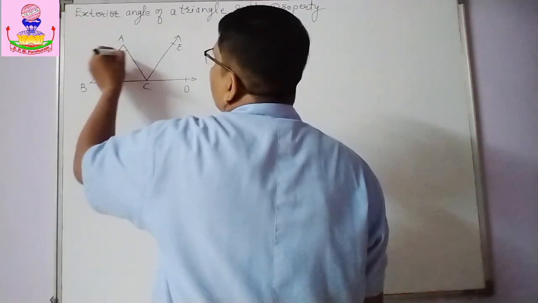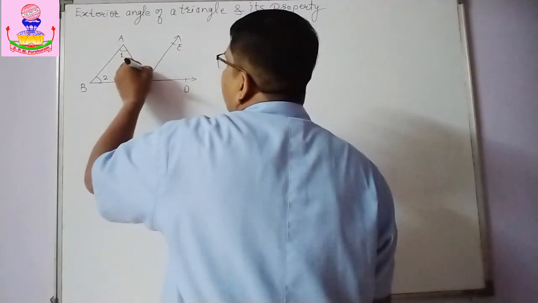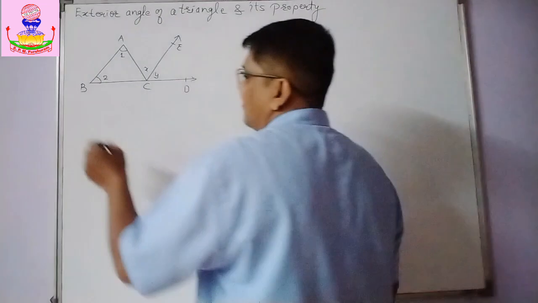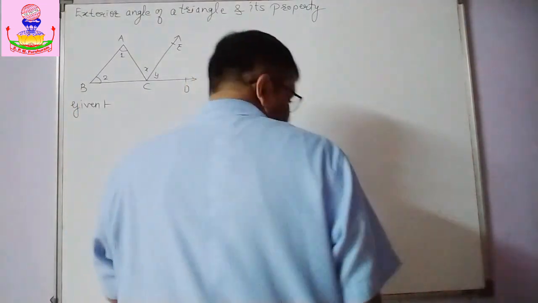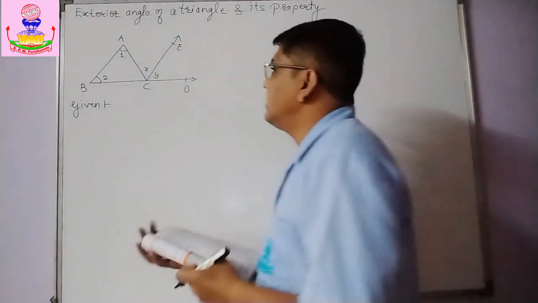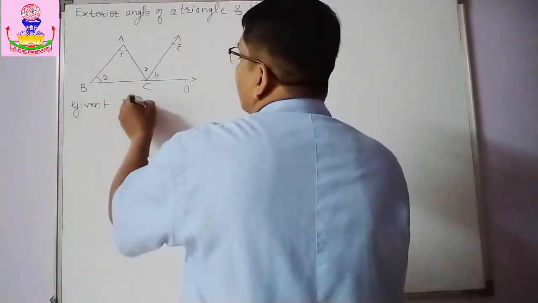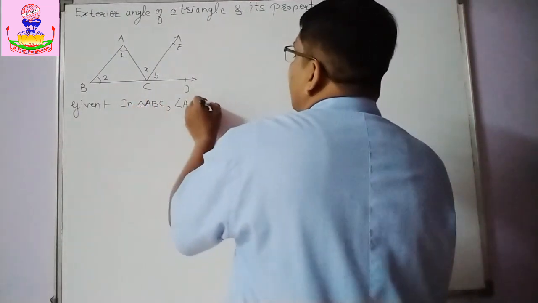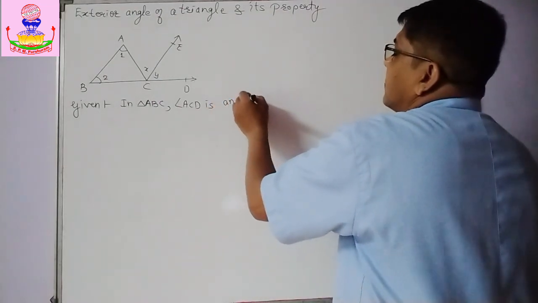This is angle 1, this is angle 2, and this is X and this is Y. So what is given? It is given that in triangle ABC, angle ACD is an exterior angle.